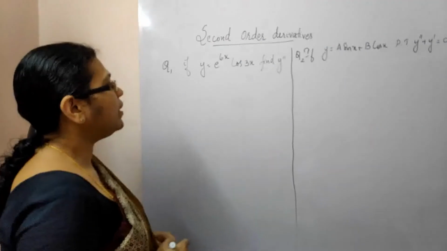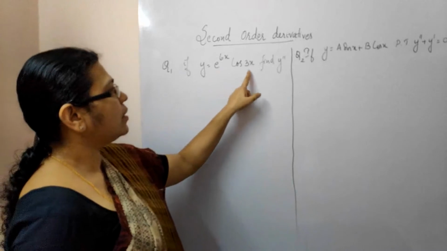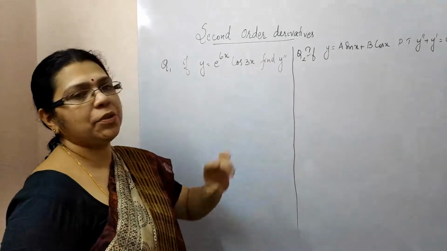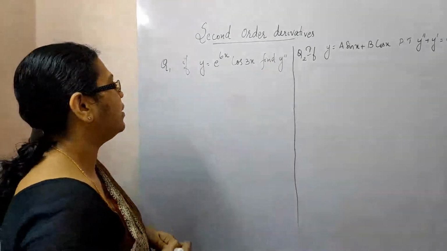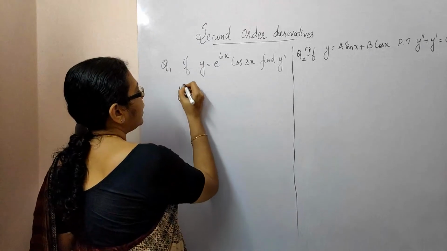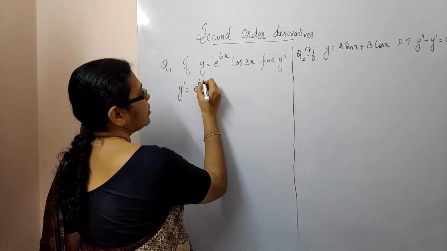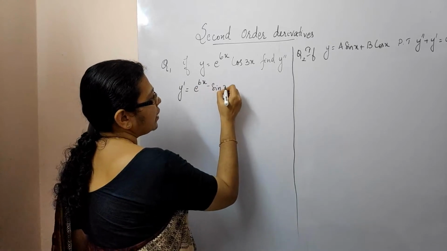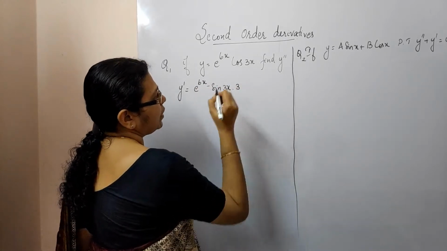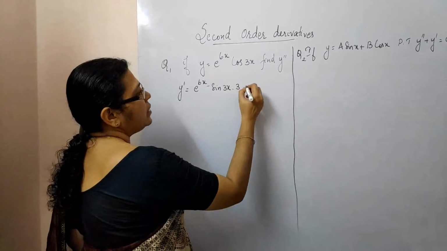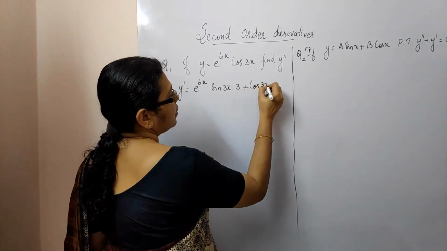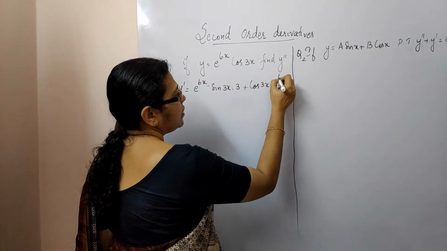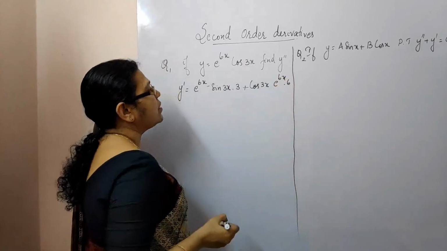If y is equal to e raised to 6x into cos 3x, find y2 dash, that is the second order derivative. So what is our y dash? First function e raised to 6x into derivative of cos 3x, which is minus sin 3x into 3, plus cos 3x into derivative of e raised to 6x, into 6.